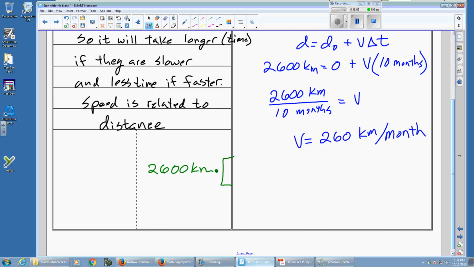So whenever I do conversions, the way I think about it is multiplying by the number 1. So I'm going to put kilometers on the bottom because I want to get rid of them, meters on the top. And there's 1,000 meters in 1 kilometer. And that's just a fancy way of writing the number 1, right? Same over same. So I'm going to end up with 2,600,000 meters. I did the math in my head.